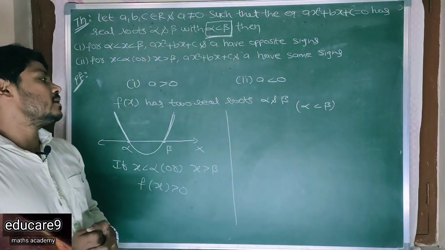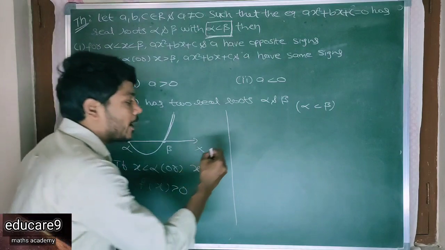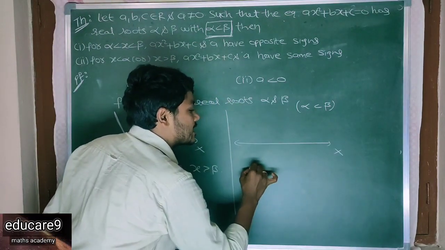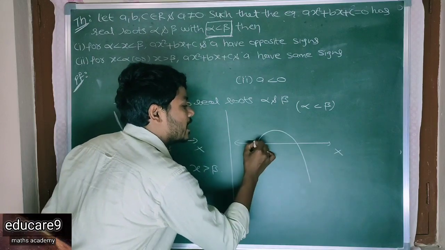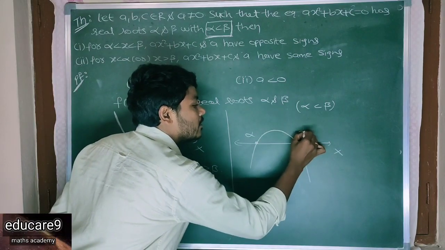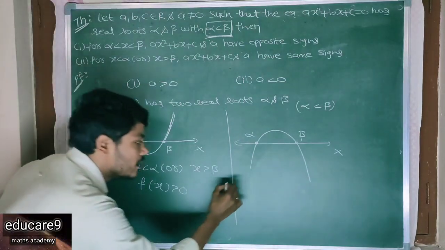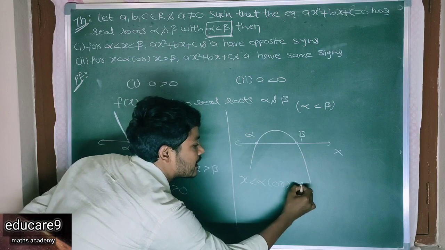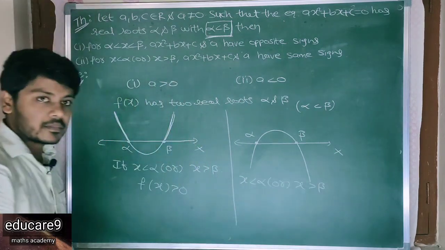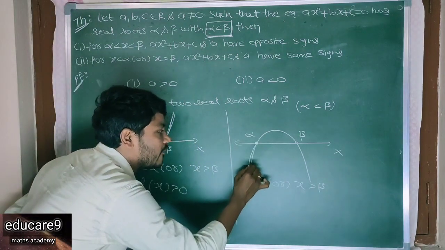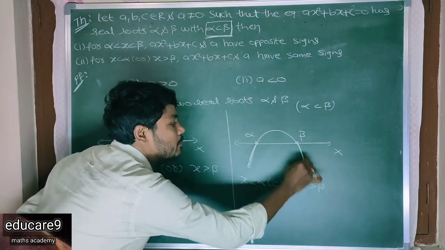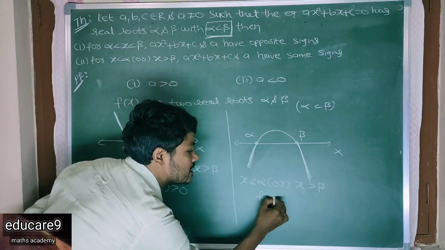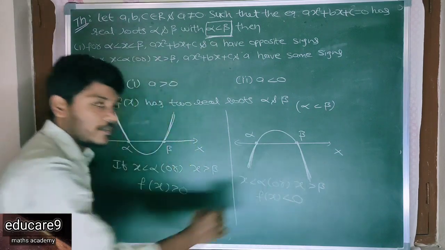In that case the graph represents a downward parabola, and that parabola touches the x-axis at two distinct points, say alpha and beta. If x is less than alpha or x is greater than beta, then clearly the graph lies below the x-axis. That means f of x is negative.